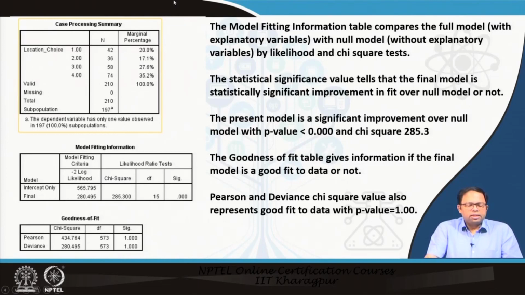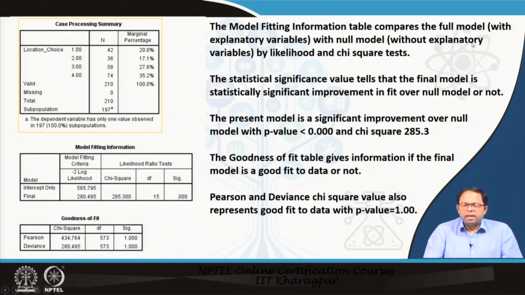To interpret the results, first the output gives the case processing summary, showing how many cases have been processed. Then the model fitting information is given, where the table compares the full model with the explanatory variables against the null model without the explanatory variables, by likelihood and chi-square test.